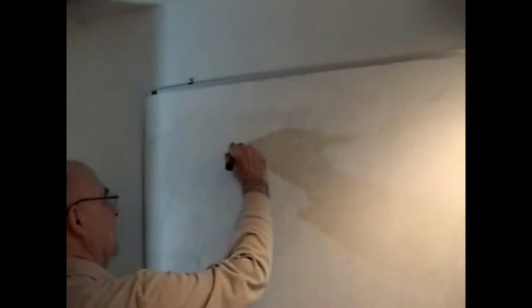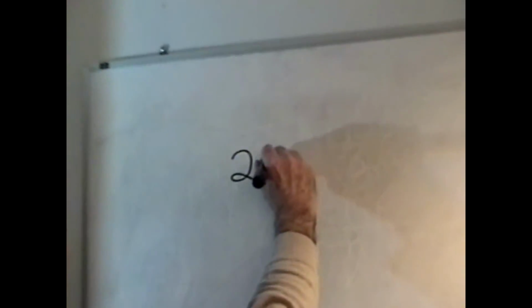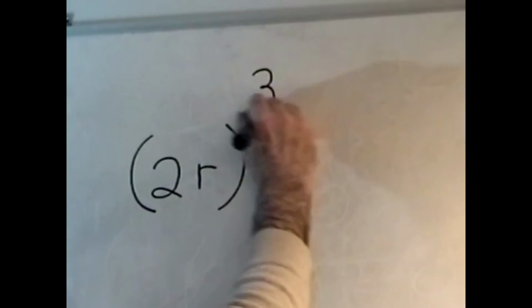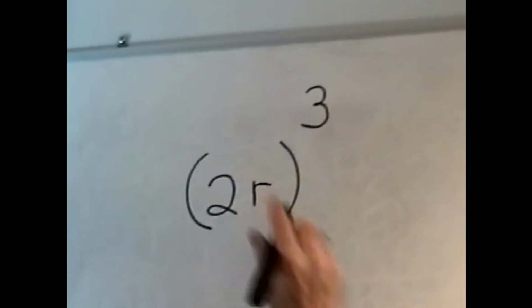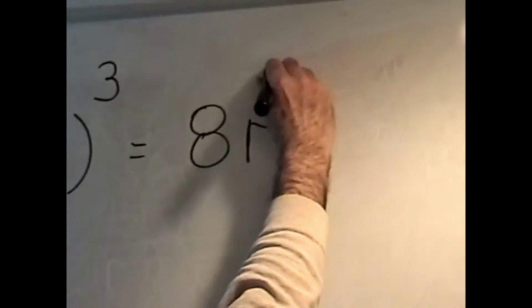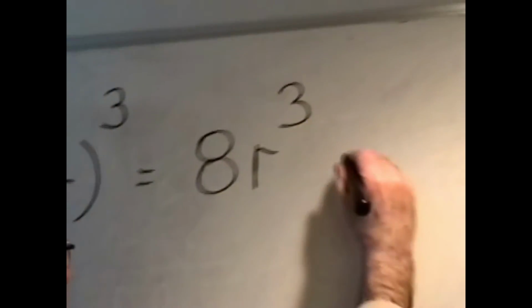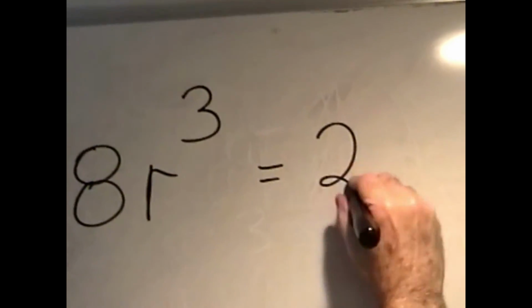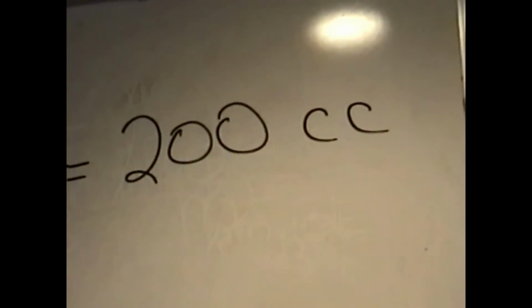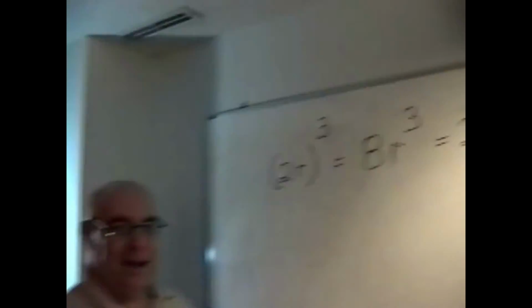Okay, so what we just found out is that the cube, which has each side equal to 2 times the radius, has a volume equal to 2 times the radius, the quantity cubed, which equals 8r cubed, which equals 200 cc's, or 200 cubic centimeters.